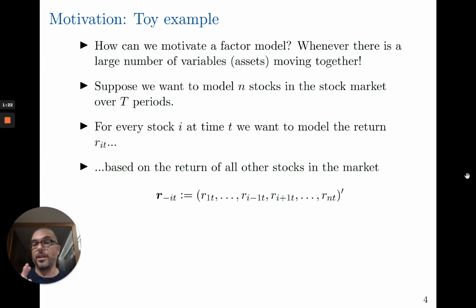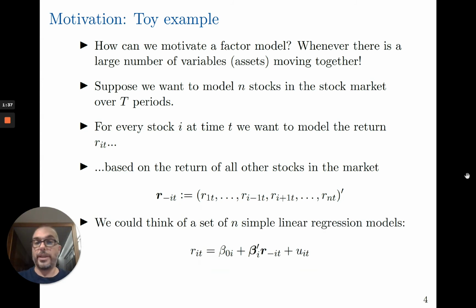So we define R_-it as the returns of all the other stocks in the market apart from equity i. So we can think about a linear regression, like regressing the return of stock i on all the other returns. So that's a possibility.